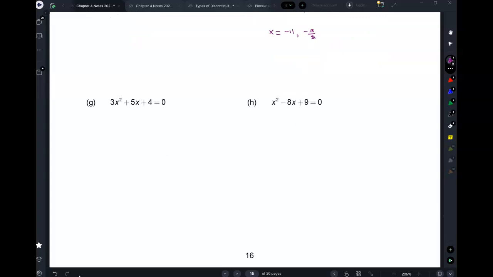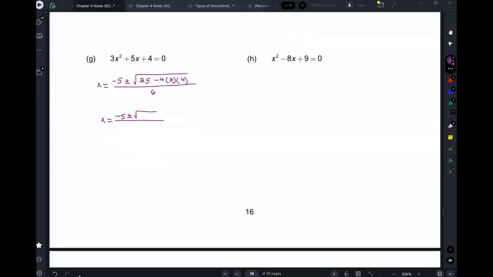Yeah. Okay, so x equals negative 5 plus or minus the square root of 25 minus 4 times 3 times 4, all over 6. So how much is in the root now? 25 minus 48.